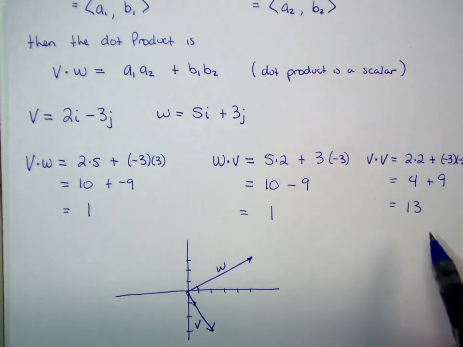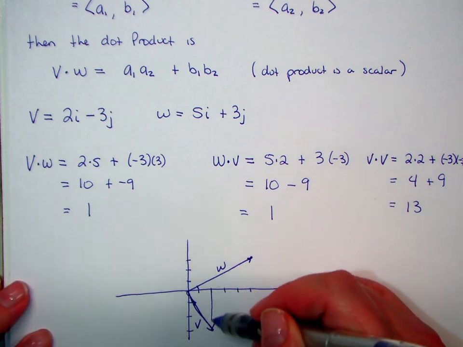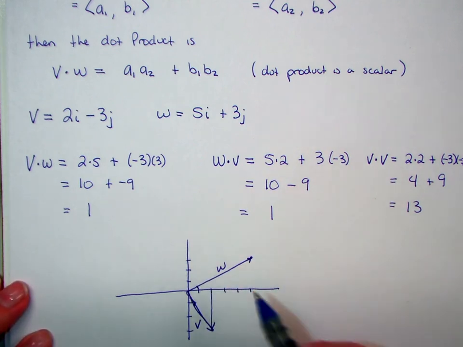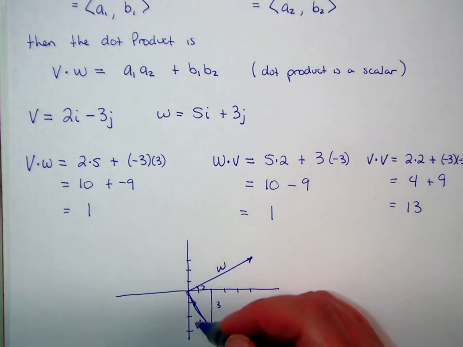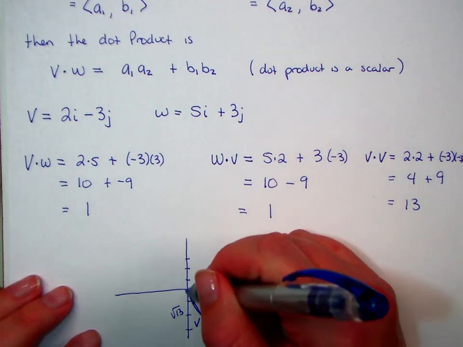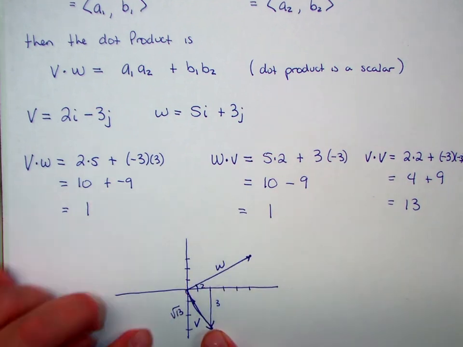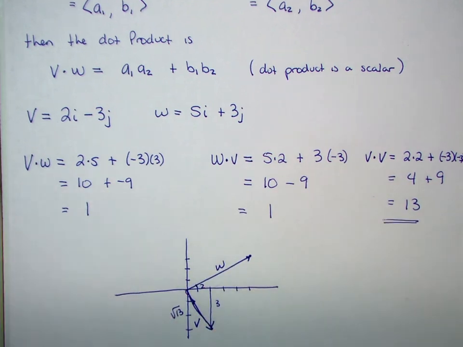Now, this projection of V onto V is, if we had, this was 2 and this is 3, right? What would that be? I think that would be rad 13, right? The distance is rad 13. But if we projected it on itself, why it doubles that, I'm actually not too sure, okay?